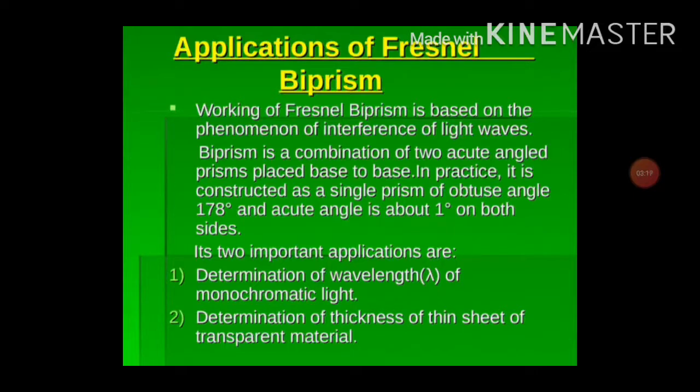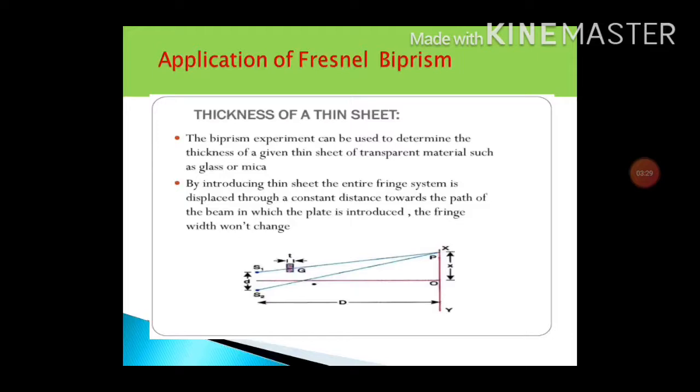Now we will discuss this application, what will happen if we introduce a thin sheet of transparent material. You can see in the picture that if I use the biprism experiment to find out the thickness of a thin sheet made of transparent material, which could be glass or mica, what will happen?